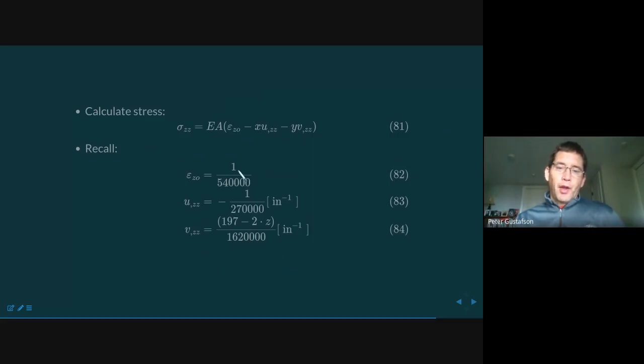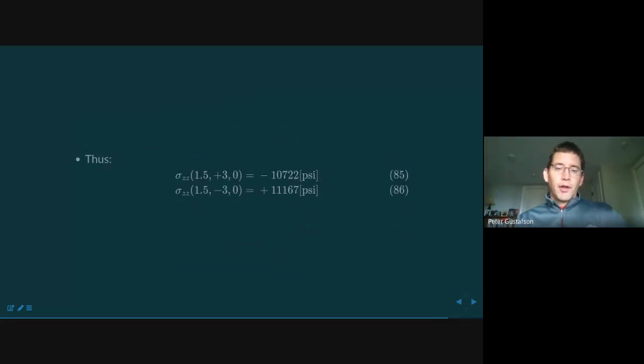Okay, so ultimately, can we compute stress? Well, we have the neutral axis strain, we have the curvatures, and we can calculate positions within a cross section, and lo and behold, we have everything we need. So I will compute stress really at two different points.